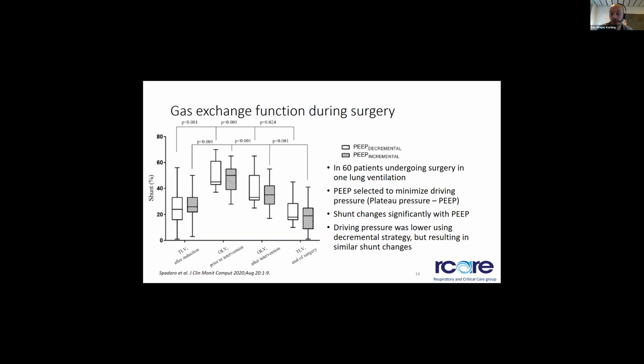That's the difference between the top plateau pressure and PEEP, using two strategies, either a decremental, where PEEP was decreased in steps, or incremental, with stepwise increases in PEEP. Both strategies resulted in significant changes in shunt, but driving pressure was lower using the decremental strategy, even though it resulted in similar changes in shunt, causing, of course, the conclusion to be that probably decremental PEEP strategies should be advised in these patients.